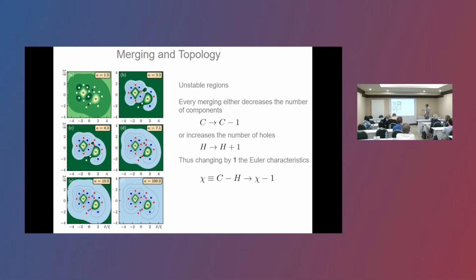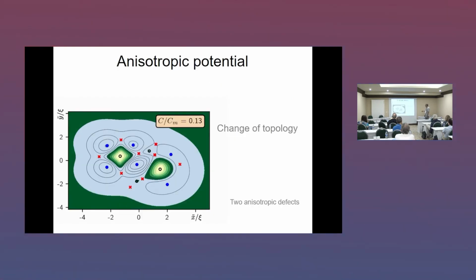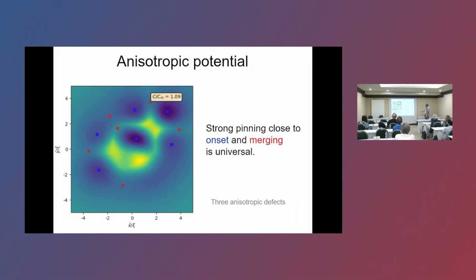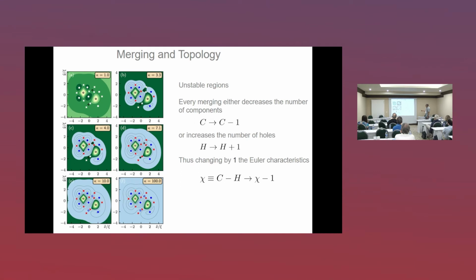At every merging, we either decrease the number of unstable components by 1. When 2 ellipses merge into 1, we get 1 instead of 2, so the number of components decreases by 1. Or if we have merging of half of a ring into a ring, the number of components is not changed, but the number of holes increases by 1.